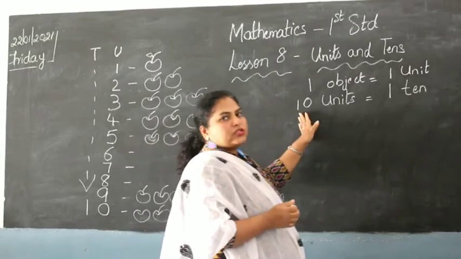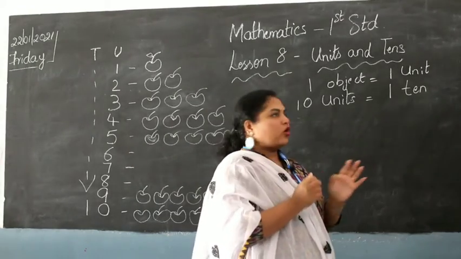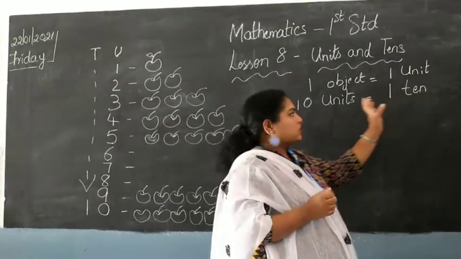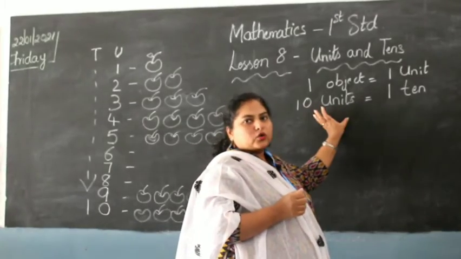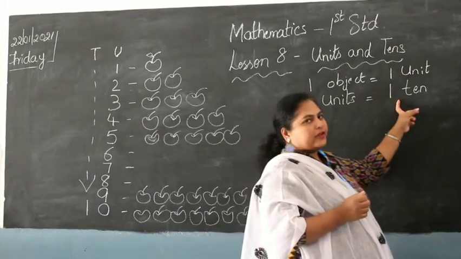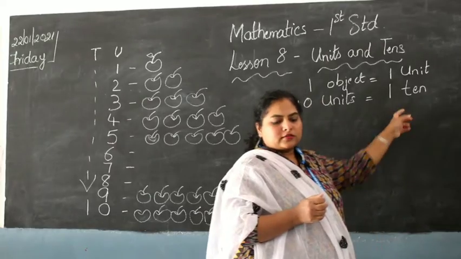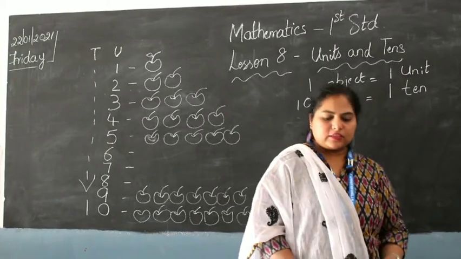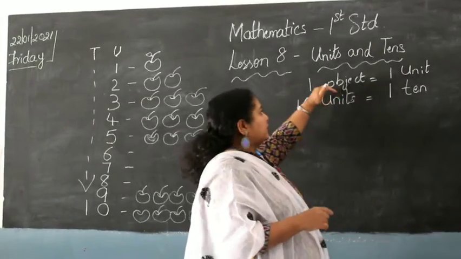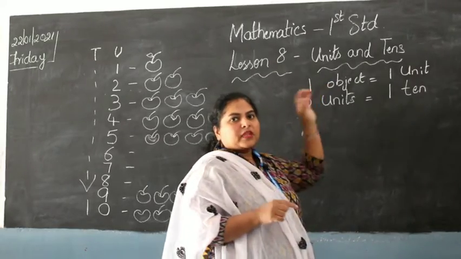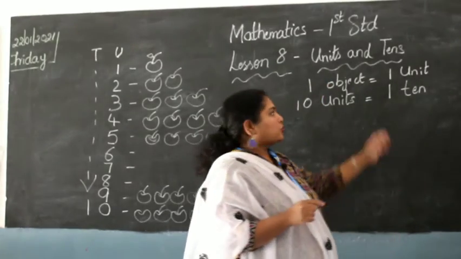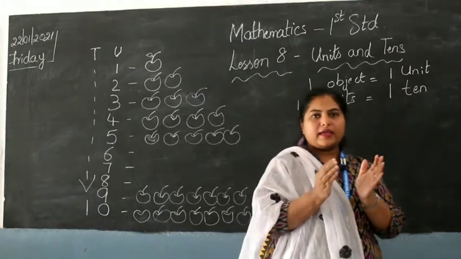But when it comes to 10, the group of 10 balls becomes 1 ten. So this 10 units is one group, one group of 10. Okay, got it children? So that's what tens and units are. As long as you are in units, it's a single number. So a group of 9 is 9 units.